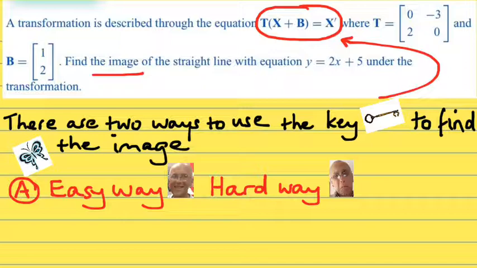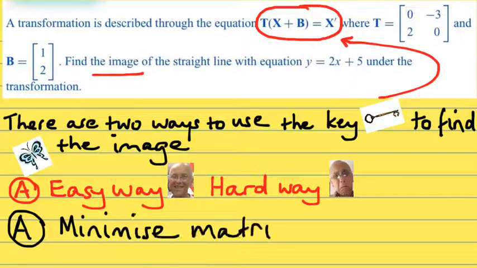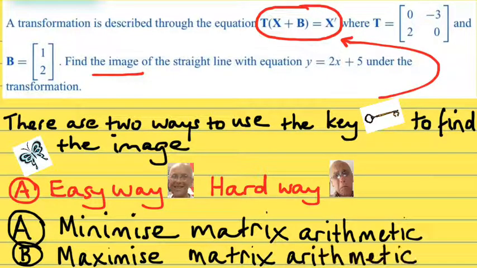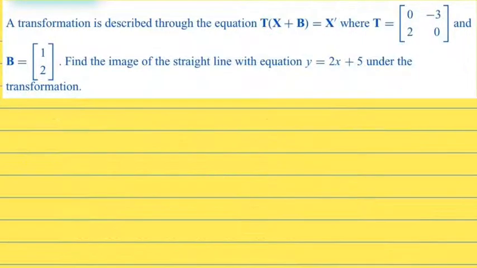So, yeah, that's the way I don't like to do it. The easy way you do by minimising the matrix arithmetic, and the hard way is by maximising the matrix arithmetic. So I'll show you how to do it both ways, and you make up your mind what makes you happy and what makes you sad, okay? So here comes the easy way, and there's the happy me.